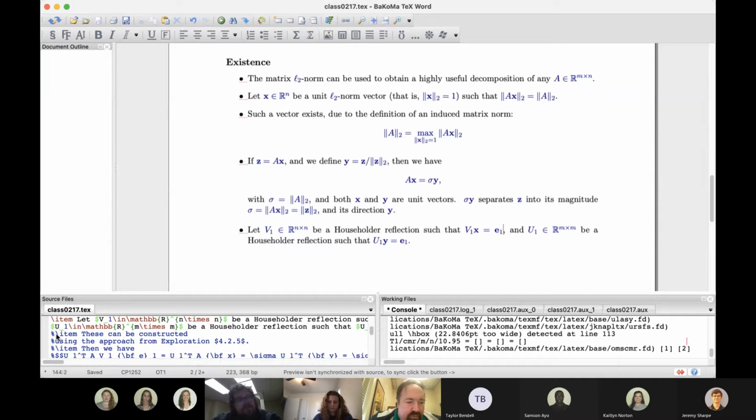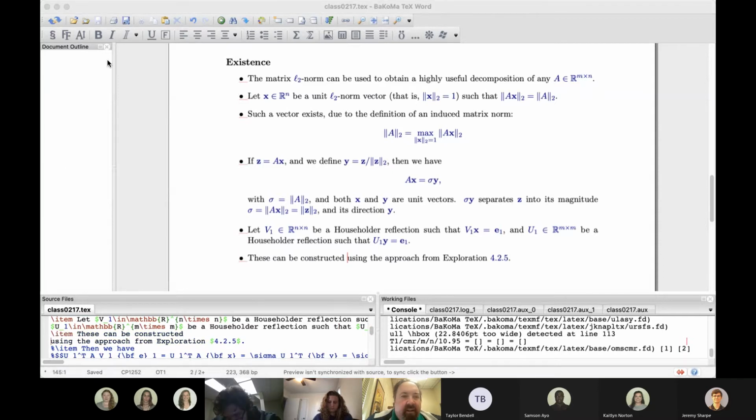One of the homework problems, I believe, I don't think I assigned this one. Let's see. No, I did not. This problem is about how, if you have any two unit vectors, you can find a householder reflection that maps one to the other, as long as they have the same magnitude, for instance both unit vectors.